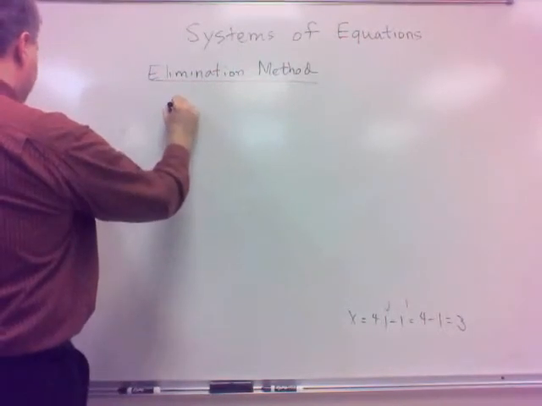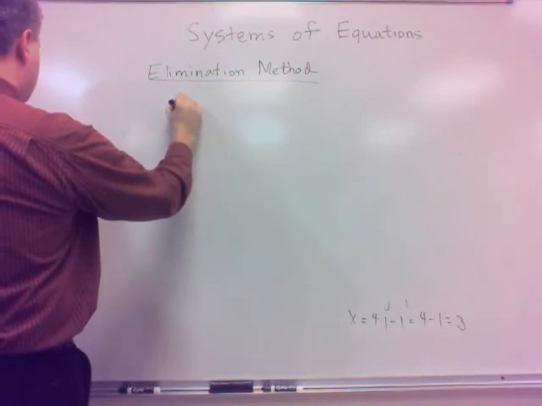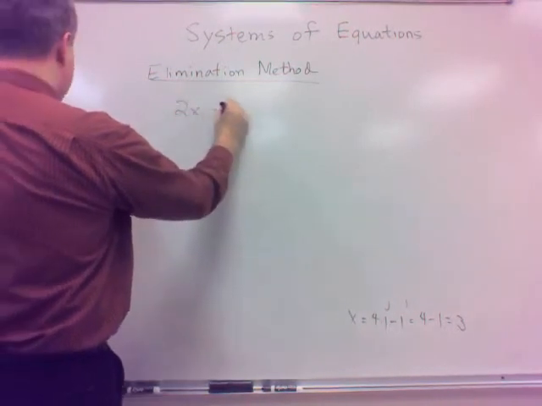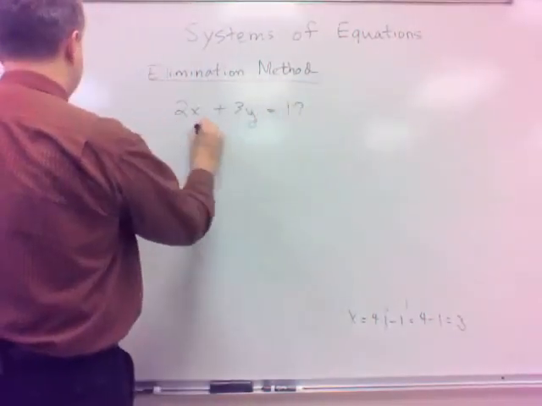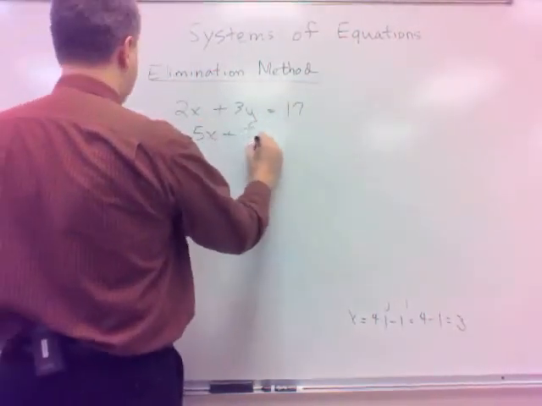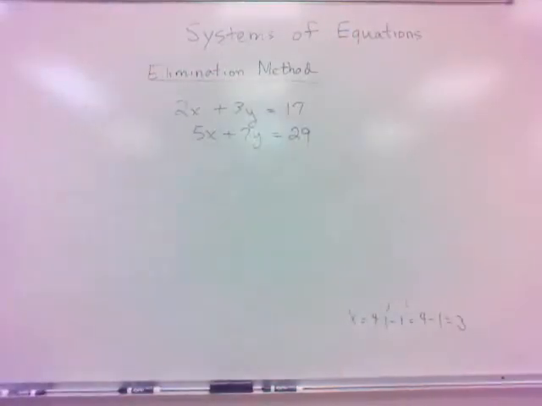Let's do this one. 2x plus 3y equals 17. 5x plus 7y equals 29. Okay?